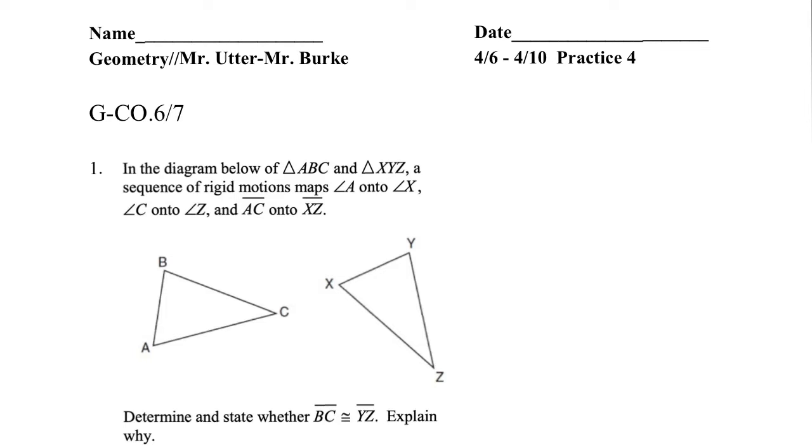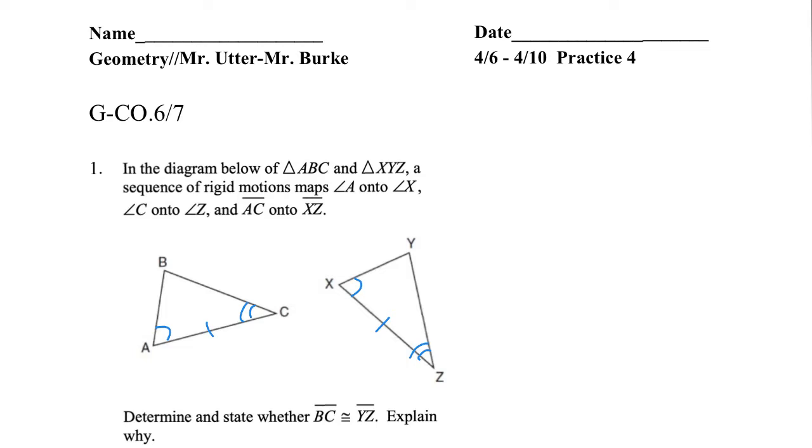Number 1, we got two triangles ABC and XYZ. They are telling us that angle A maps onto angle X. So that says that angle A and angle X are congruent to each other, and angle C goes onto angle Z. So those two are congruent to each other, and AC maps onto XZ.